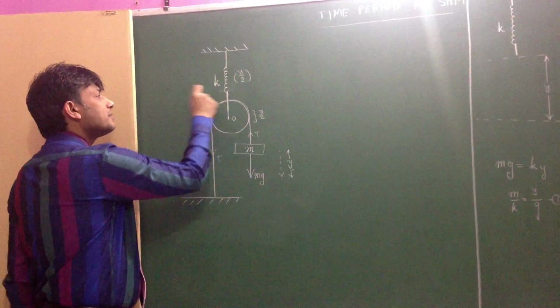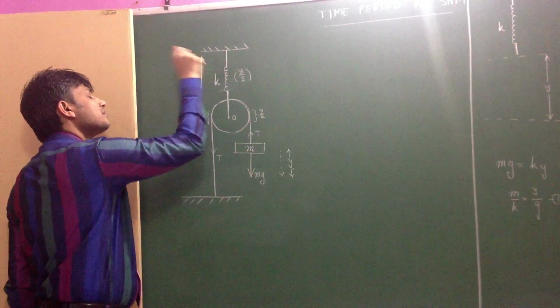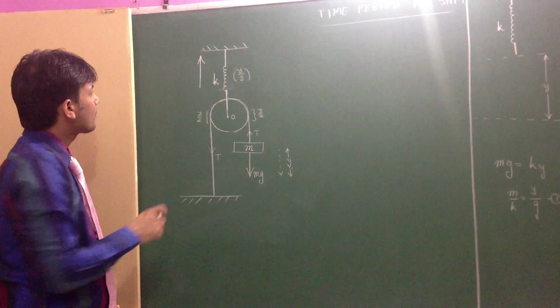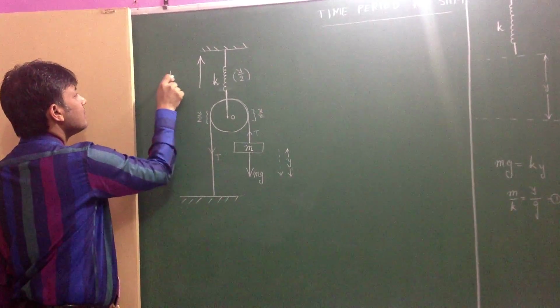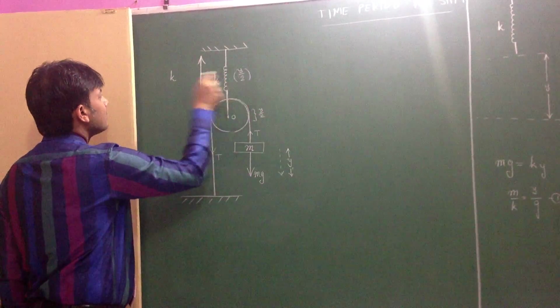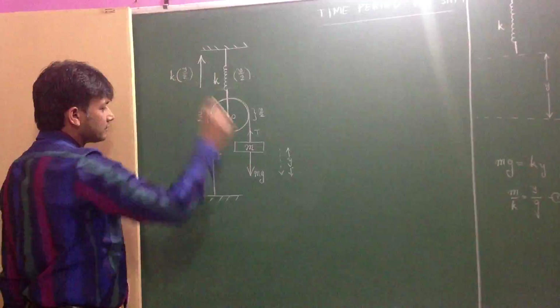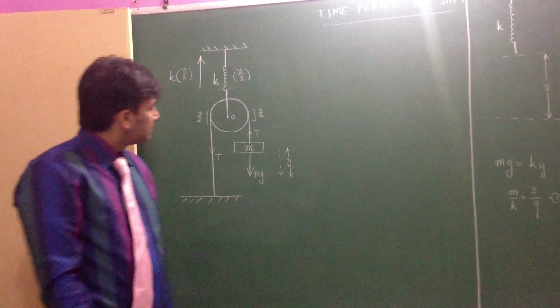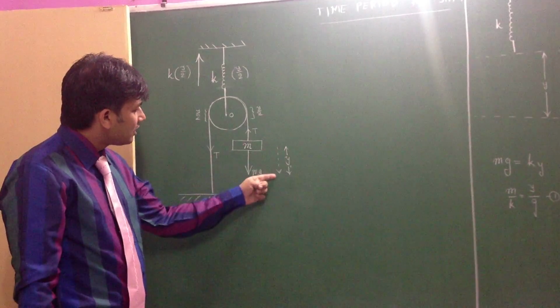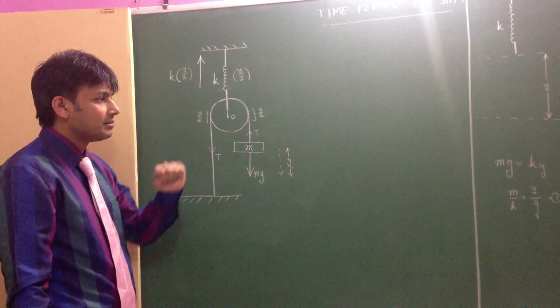As the length of the spring is increasing, some restoring force will be there in the spring in upward direction. And as you know, the restoring force is k times the increase in the length of spring. Here, the displacement of the object is not the same as the increase in the length of the spring.